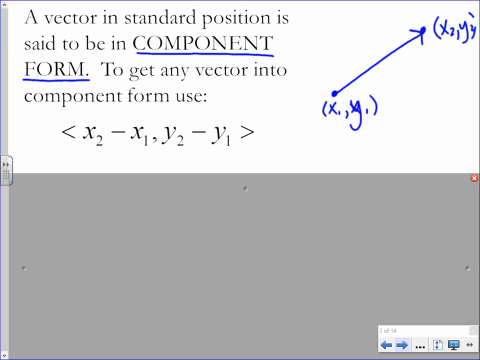And instead of parentheses for a coordinate, we use the chevrons for a vector.